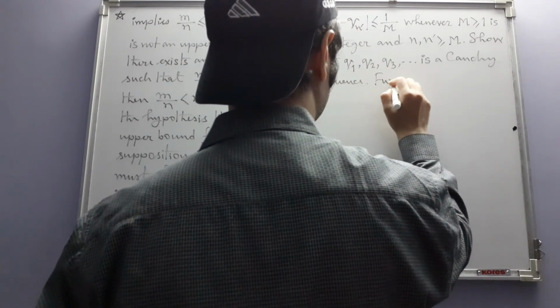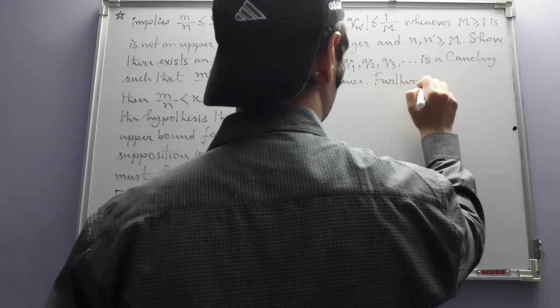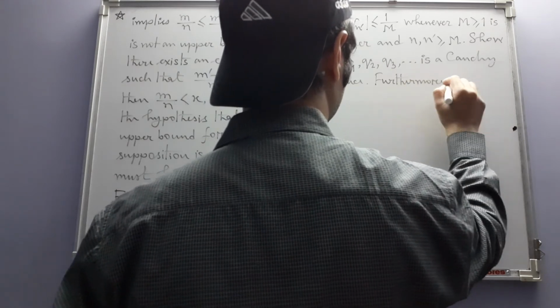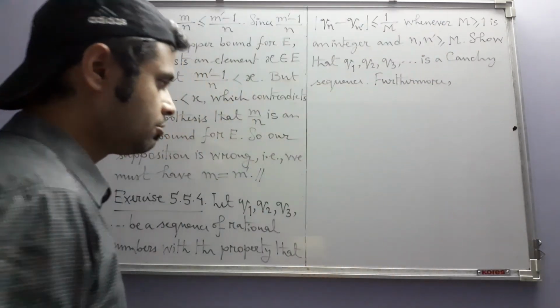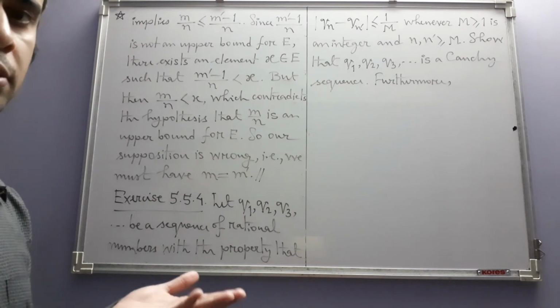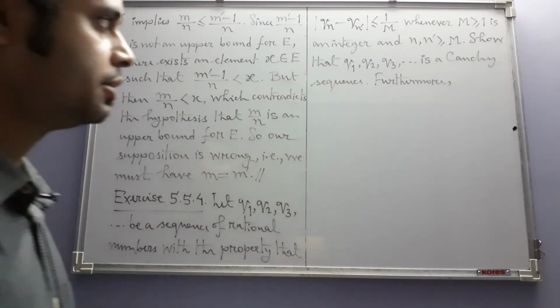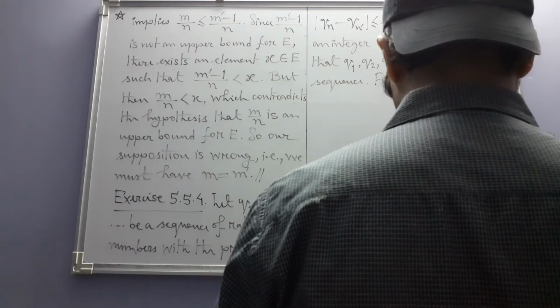Furthermore, so once you show that this is a Cauchy sequence of rational numbers, it will have a formal limit. Now we can say something about the formal limit.